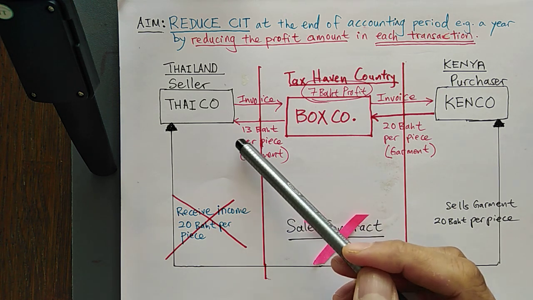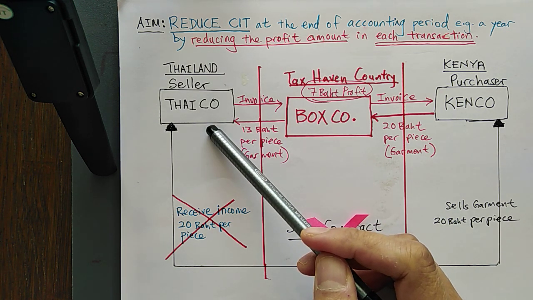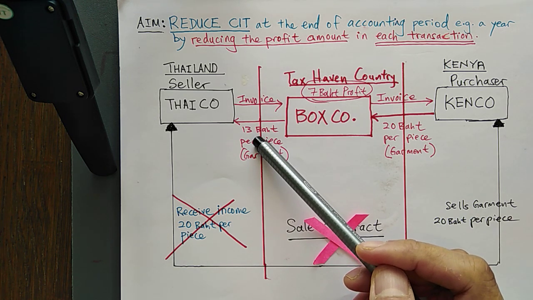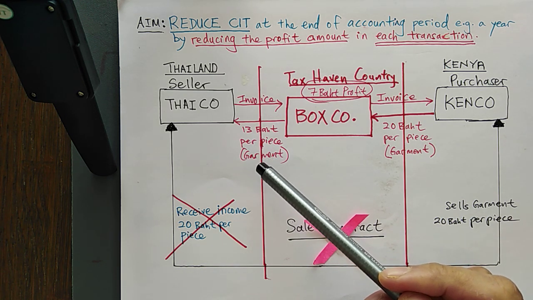There is a certain profit here realized by Taiko from the 13 baht. It's a very low profit.